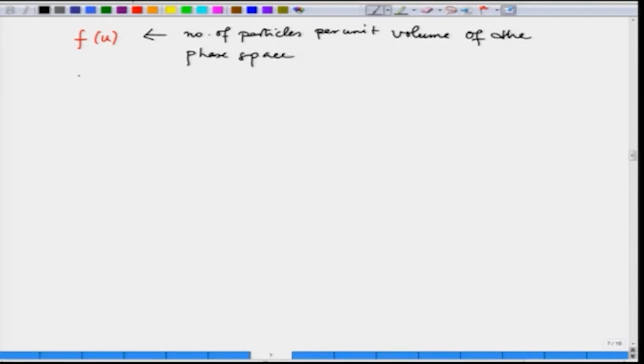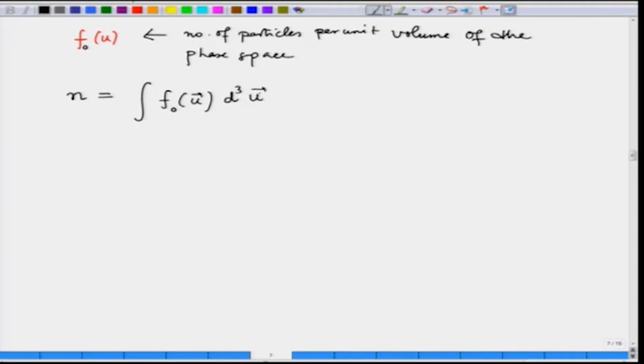If we integrate this over velocity space, then finally we will have the real space density. That means integrating over velocity space will simply give us the number of particles per unit volume in direct space. Then you can write the number density n should be equal to the integration over f0, because we are talking about equilibrium now.